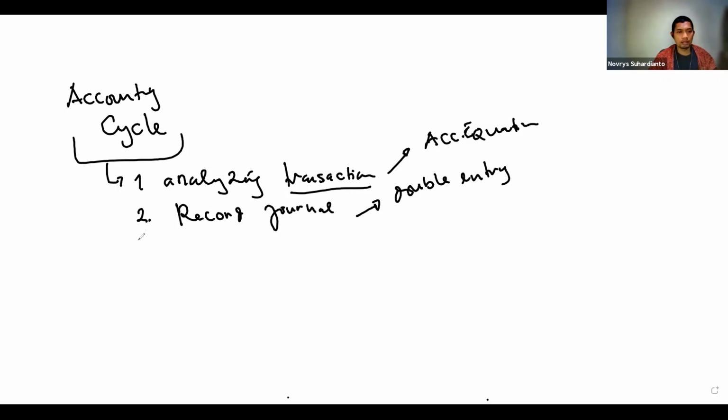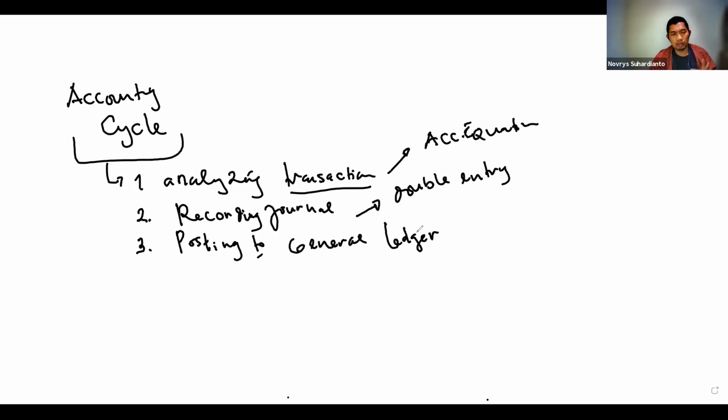And then you also learned how to post the journal. Let me use recording the journal, then posting to the general ledger. So you know how to post the record from the journal to the general ledger, right?